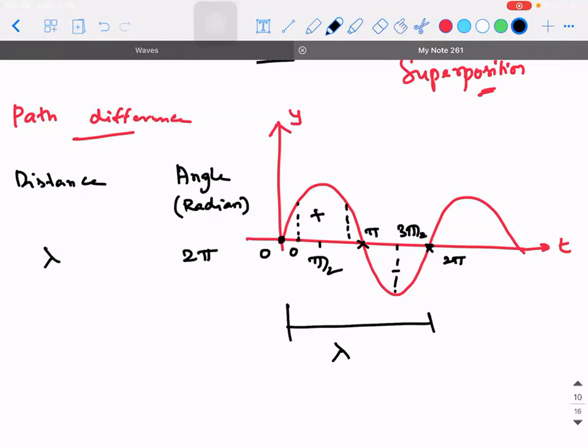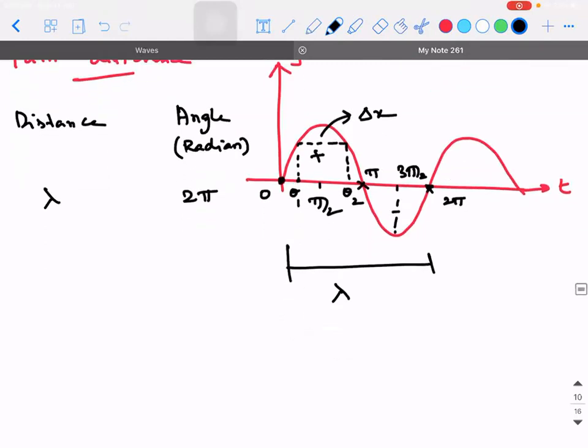I have taken some random angle. Let me call it theta 1. Let me call some other random angle theta 2. And let me call this distance delta x. So can I say, for the wave to travel a distance of delta x, how much is the phase difference it needs to undergo? Phase difference is always final minus initial value.